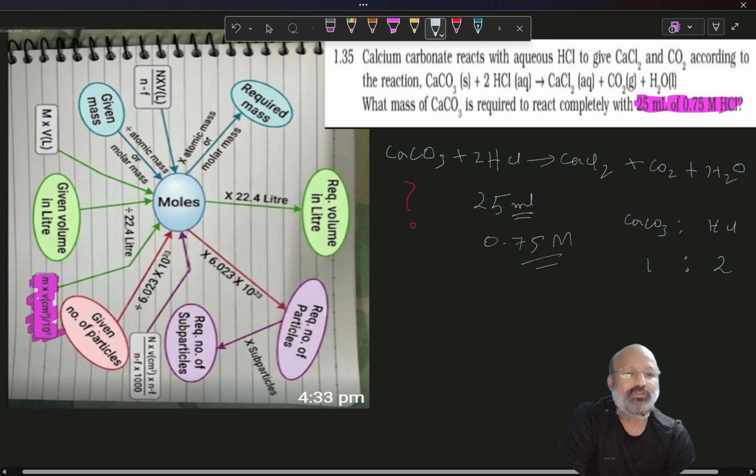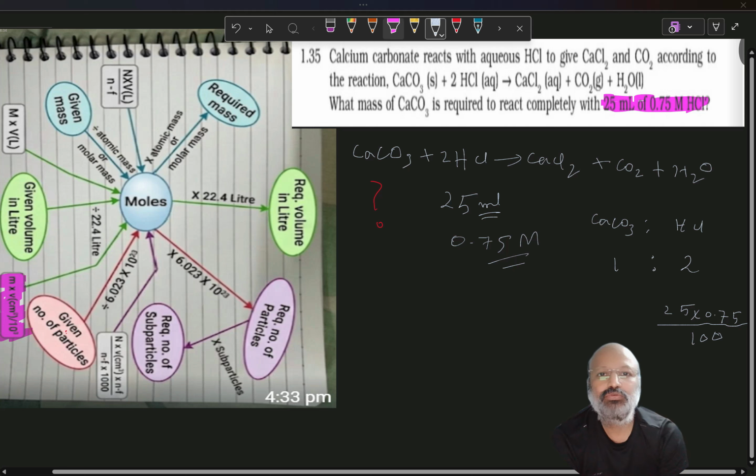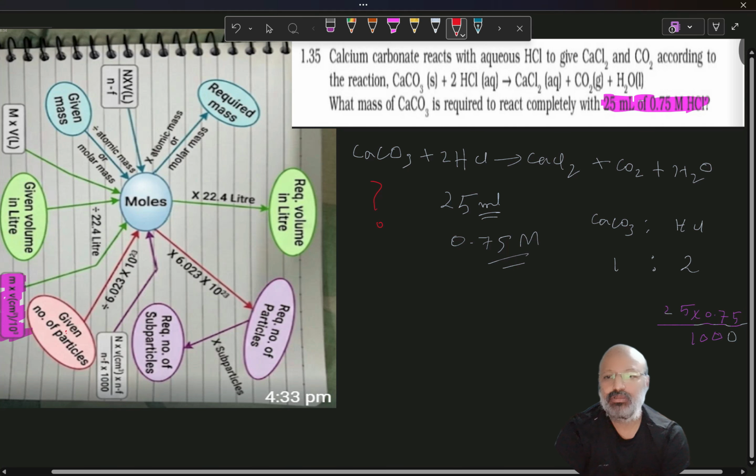So the number of moles of HCl will be 25 times 0.75 divided by 1000. Here is the number of moles of HCl I have written down. Now again I need to show you very carefully that this value, whatever highlighted value I have written down, is strictly according to the rule I have laid down here.